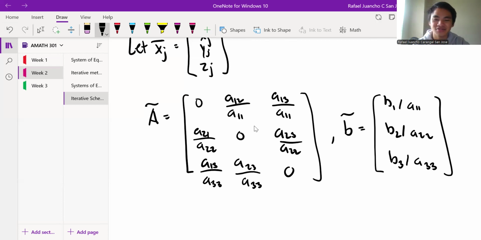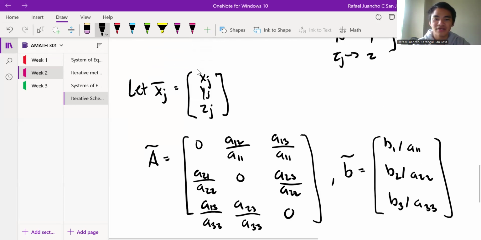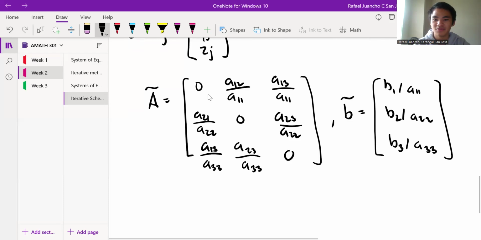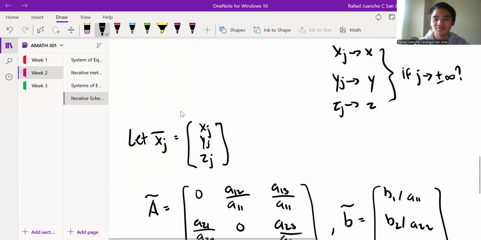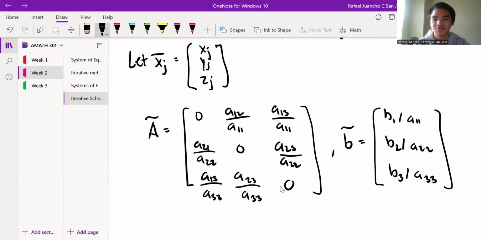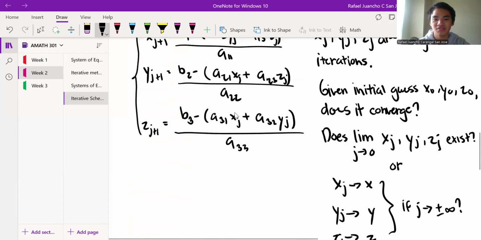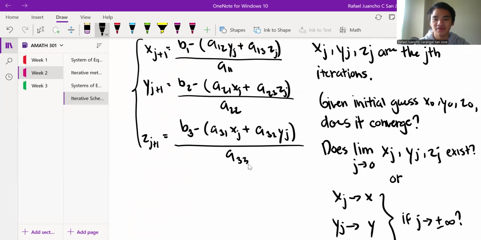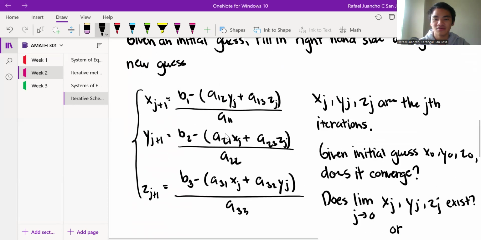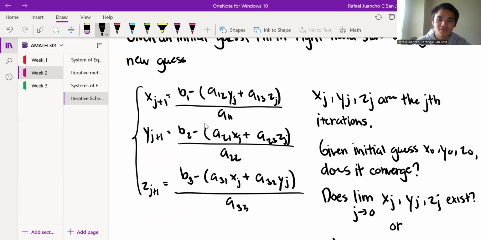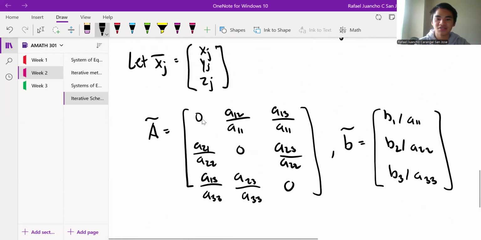How did I get this actually? Well, I have my xj, yj, and zj, right? I multiply it to this A matrix. These become 0, and this B came from this one: B3 over A33, B2 over A22, B1 over A11, right? In my x iteration, my x is 0. In my first row, this one is 0.